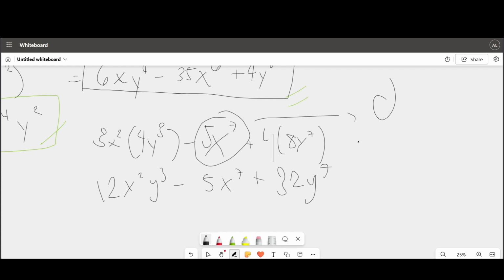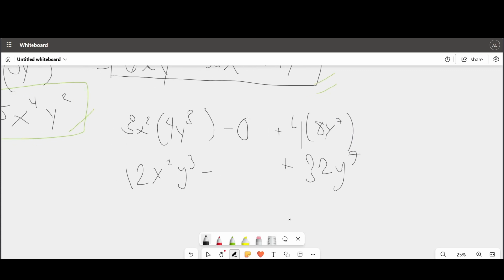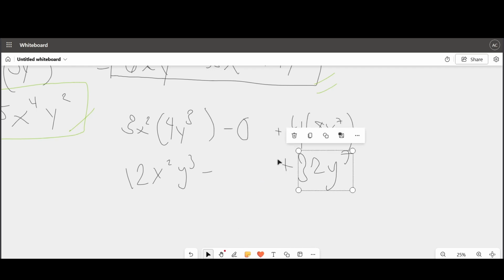Let me see right here. Okay, so I got something wrong. For some reason, 5x to the 7 is supposed to be a 0. But the pattern that I recognized is that whatever is the negative here will be considered a constant, I believe.